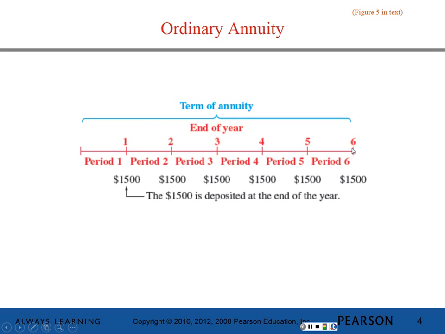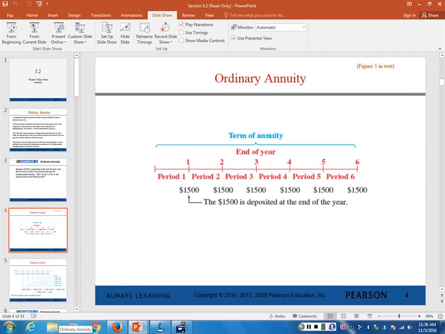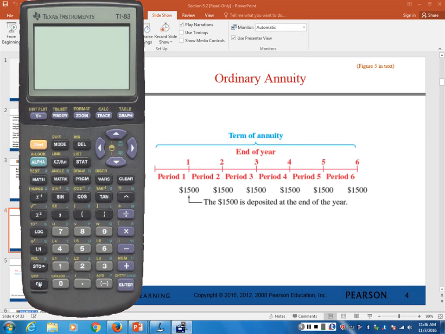And at the end of the sixth, $1,500. So what I've actually put in total is 6 times $1,500, so the amount of money I have is $9,000. That's how much I put in over the course of 6 years.